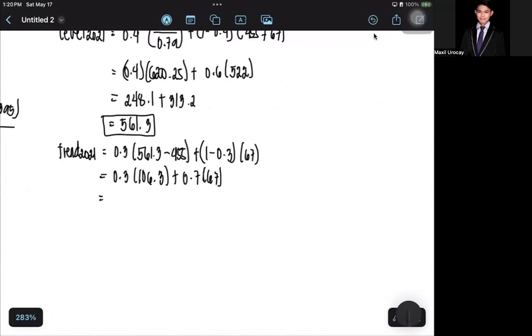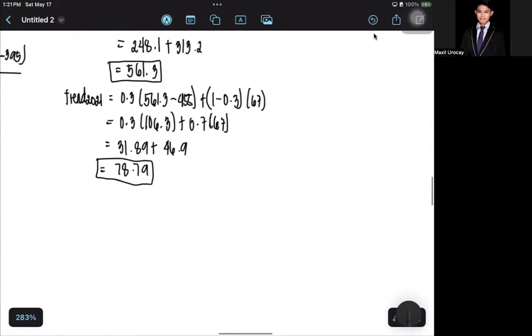And what will happen? 0.3 times 106.3, that is 31.89, plus 0.7 times 67, that is 46.9, plus 31.89, that is 78.79, your current trend for 2021.